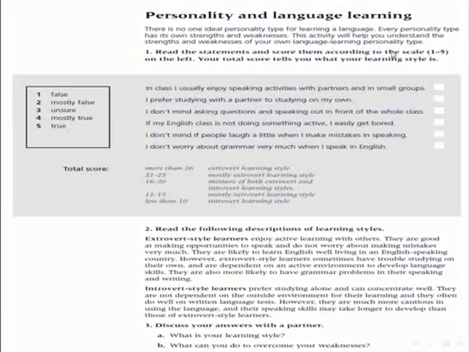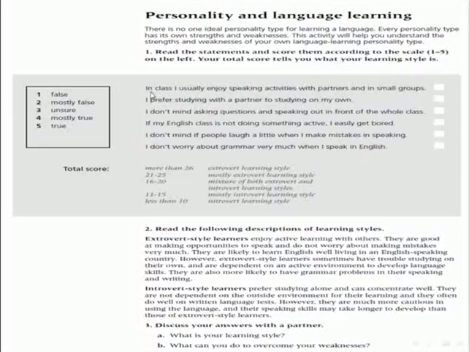So for language learning personality type, exercise 1. Read the statements here and score them according to the scale 1 to 5 on the left. Your total score tells you what your learning style is.